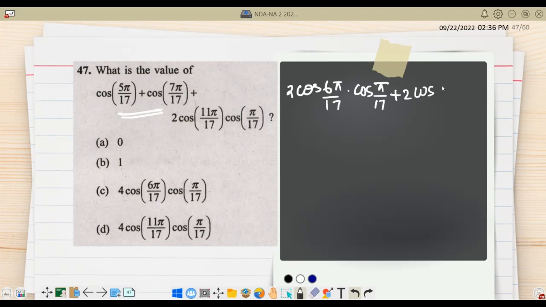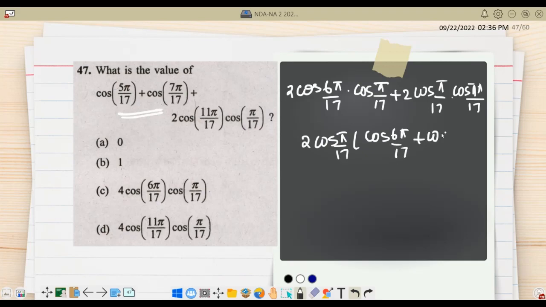Plus 2 cos pi by 17 into cos 11 pi by 17. So cos pi by 17 we can take common. So 2 cos pi by 17 into (cos 6 pi by 17 plus cos 11 pi by 17).